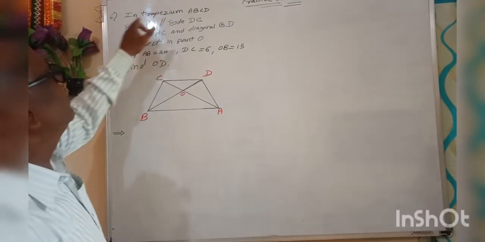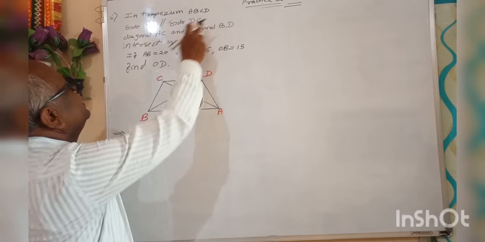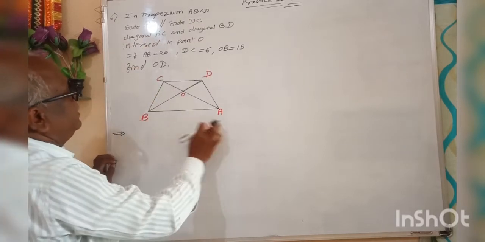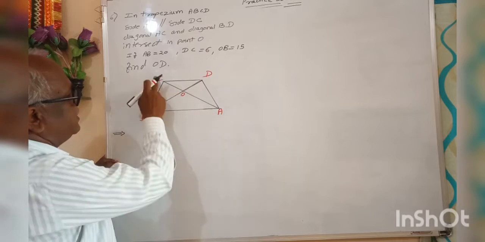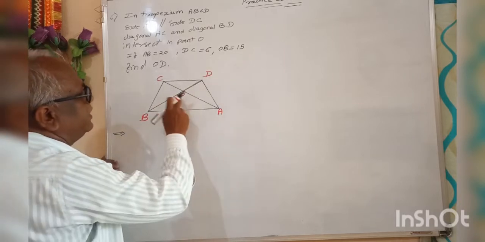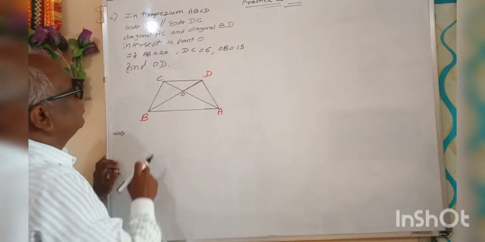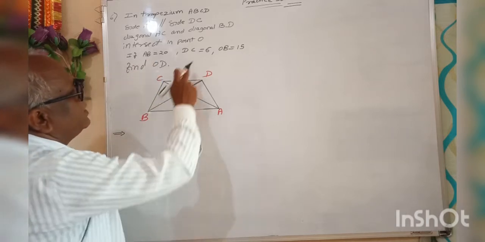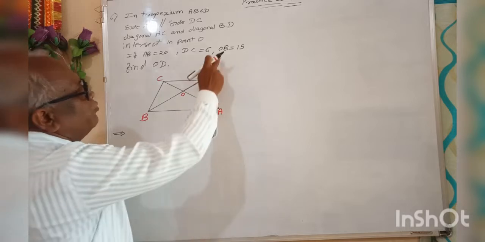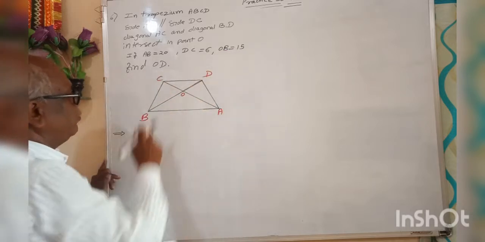Now, sixth example. In the trapezium ABCD, side AB is parallel to side DC and the diagonals AC and BD are intersecting at a point O. If AB is equal to 20, DC is equal to 6, OB is equal to 15, find OD.